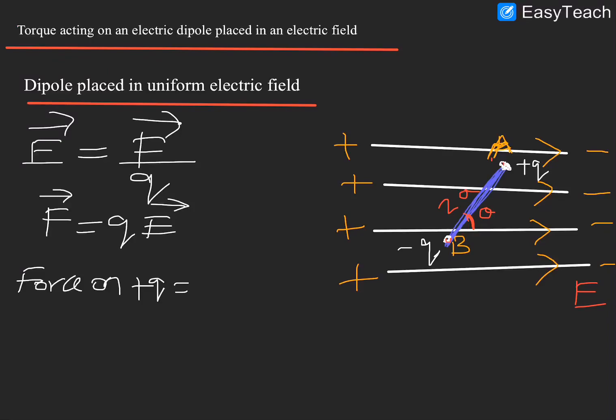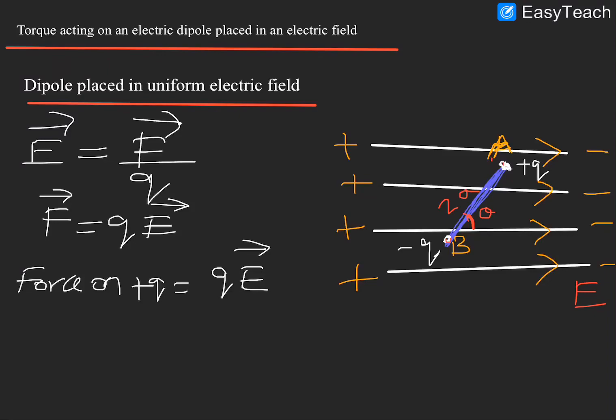What is the force acting on this plus q? This is positive charge, and this is negative charge. The amount of force is given by q into E. Since it is plus q, this is plus q into E.